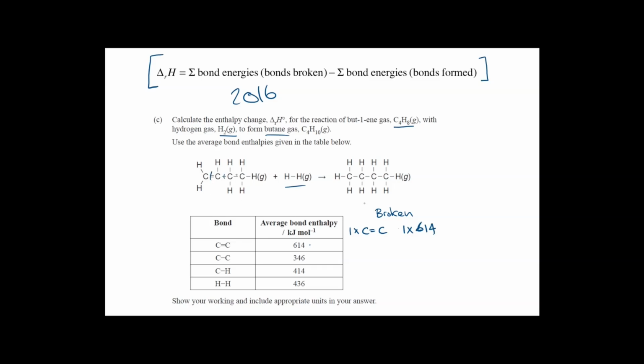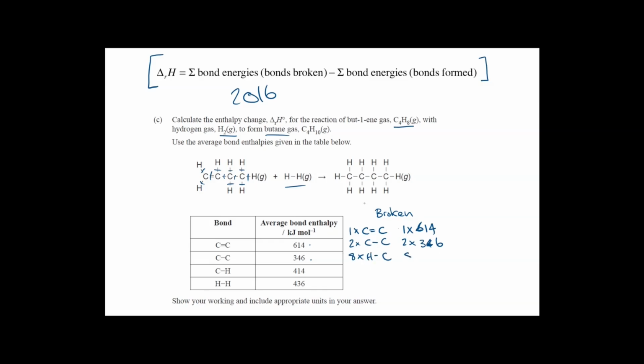Okay, there's that one done. There are 2 carbon-carbon single bonds. So 2, how much energy does that take? 346 a pop. That's those 2 done, and the rest are going to be carbon-hydrogen. So 1, 2, 3, 4, 5, 6, 7, 8 of those.